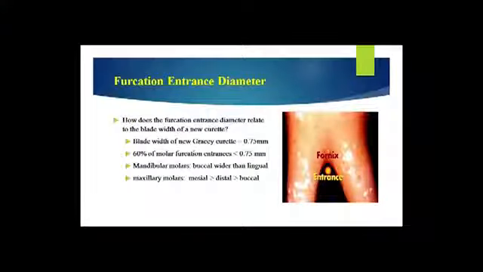Then furcation entrance. Most of us assume we are really doing scaling and root planing, but until you're challenged with scaling of the furcation, you really don't know what you're doing. Because when you look at the tip diameter of the ultrasonic instruments and some of the hand instruments, and the diameter of the furcation entrance, you realize that the instrument cannot enter.